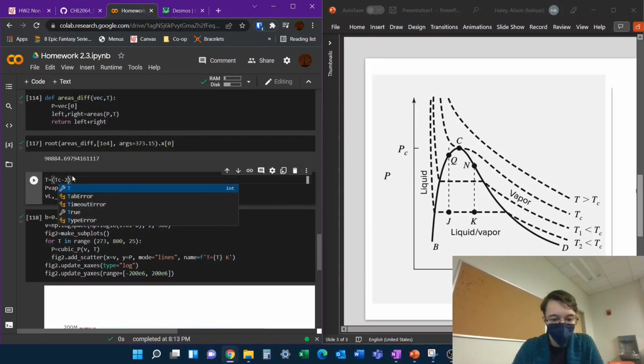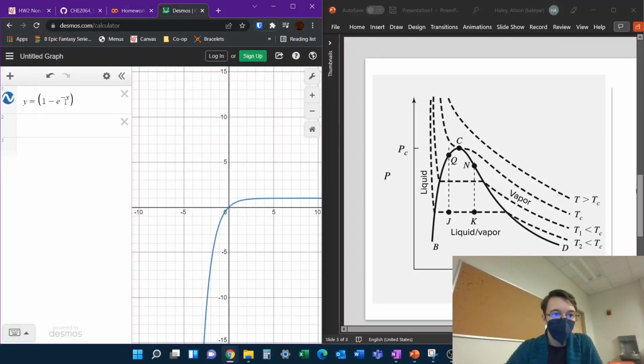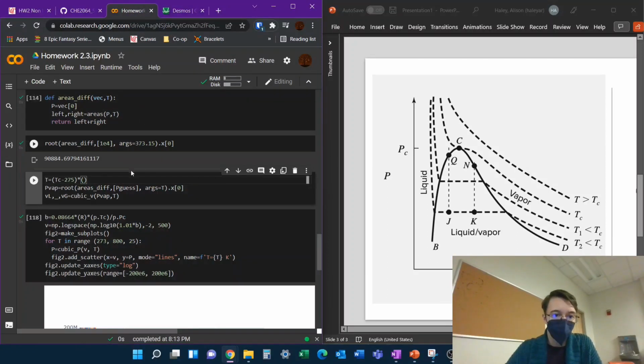And then multiply that by this, 1 minus e to the negative x. Does that need to be np dot?